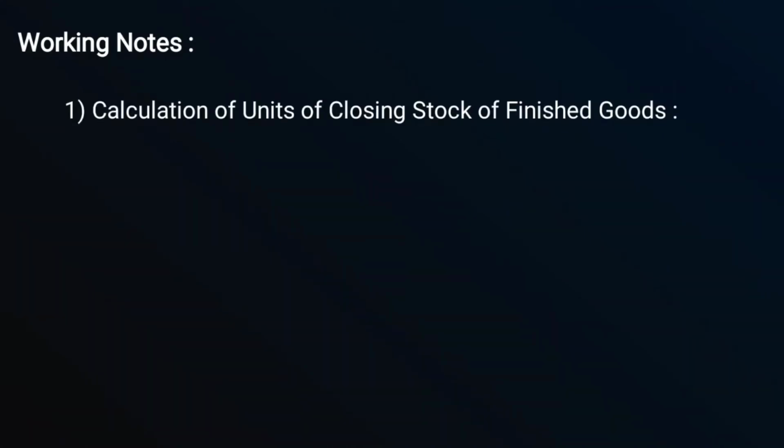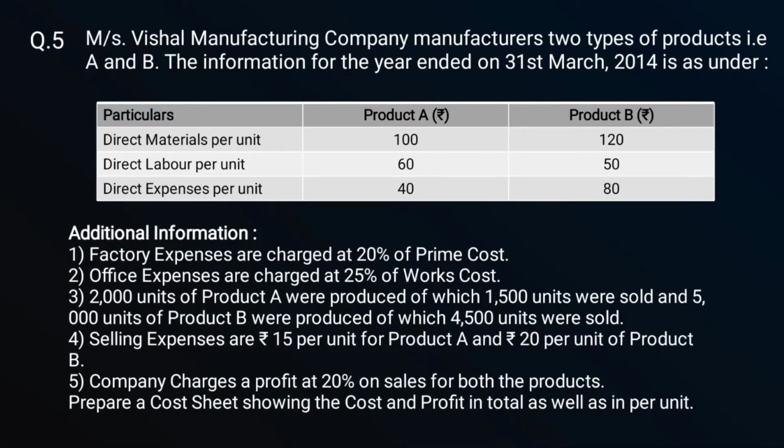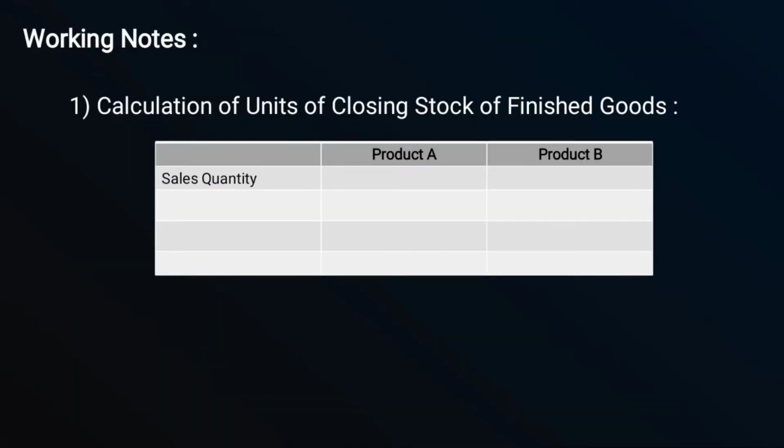Calculation of units of closing stock of finished goods. So for product A, sales quantity is 1500 units, and for product B the sales quantity is 4500 units. So we'll record it. Sales quantity for product A is 1500 and for product B is 4500.